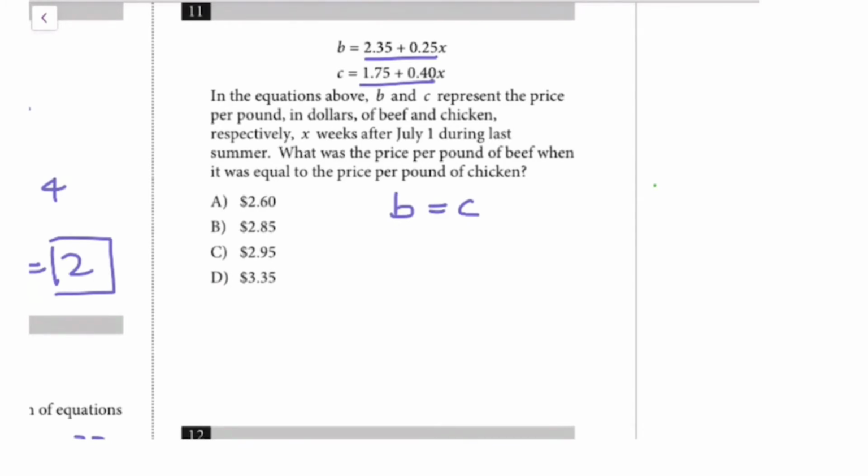So what I'm going to do here is substitute in the right side of these equations for the variables. So my price of beef is defined as 2.35 plus 0.25x. And my price of chicken is defined as 1.75 plus 0.4x. So I'm going to isolate the variable to solve for x.